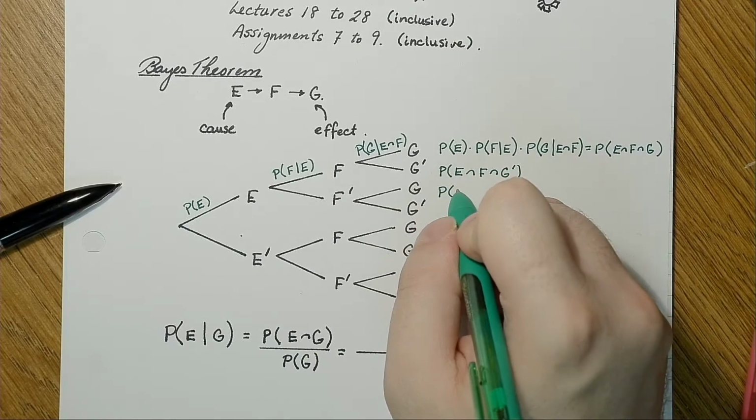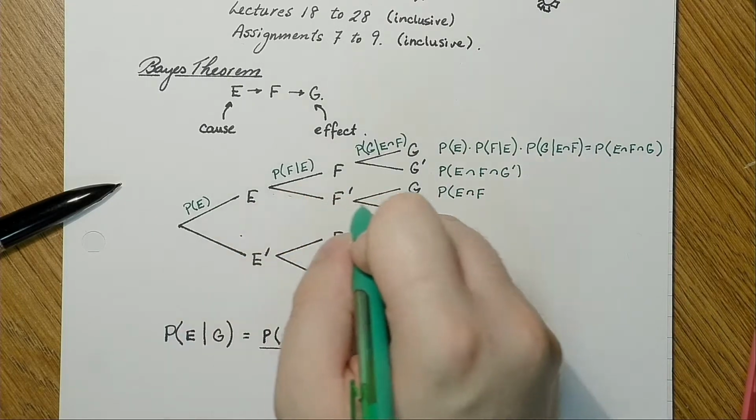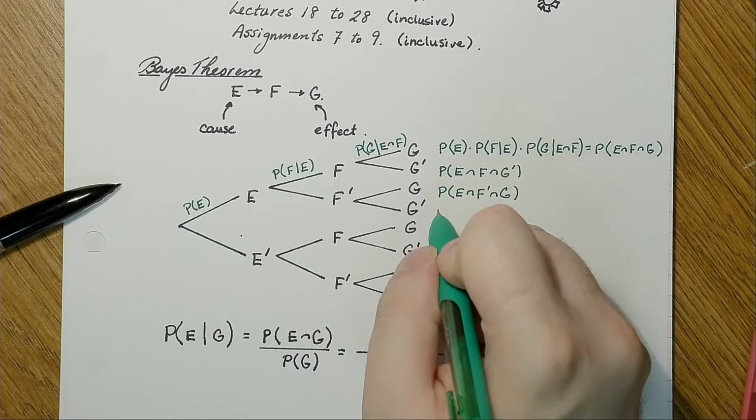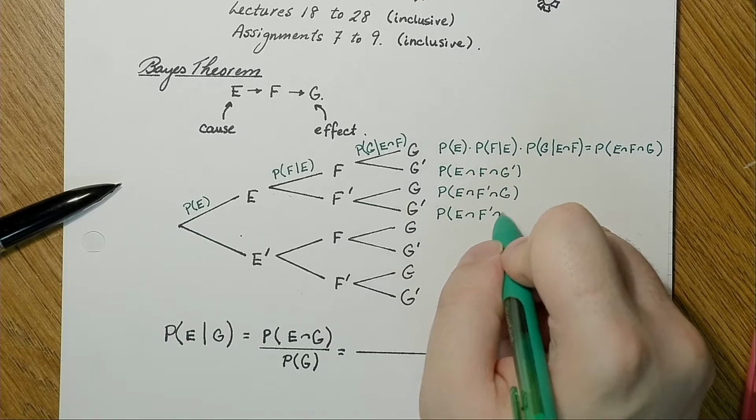So I'm just going to write these all out. As I follow down this path, this is F prime and G. This is E and F prime and G prime.